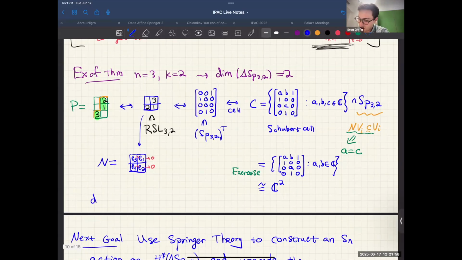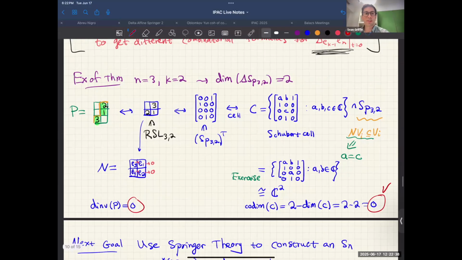And indeed, the dinv here is 2. Wait, sorry, the dinv is 0. And on this side, the codimension of the cell is the dimension of the total space minus the dimension of the cell, which is also 0. So these two things match.